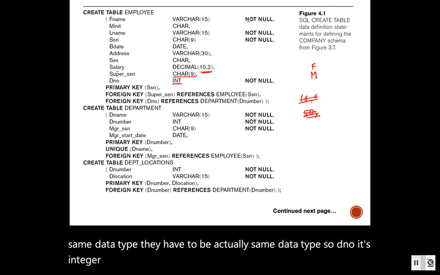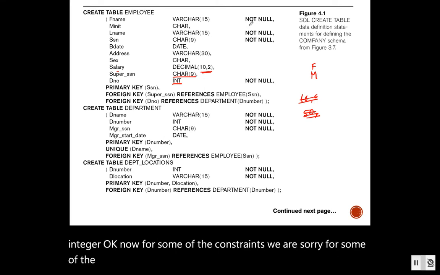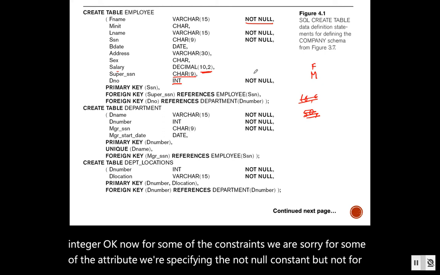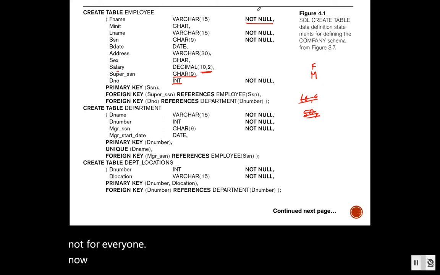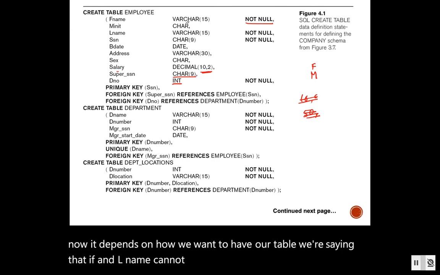Now for some of the attributes we are specifying the not null constraint, but not for everyone. It depends on how we want to have our table. We are saying that fname and lname cannot be null, but for some employees minit can be null, right?